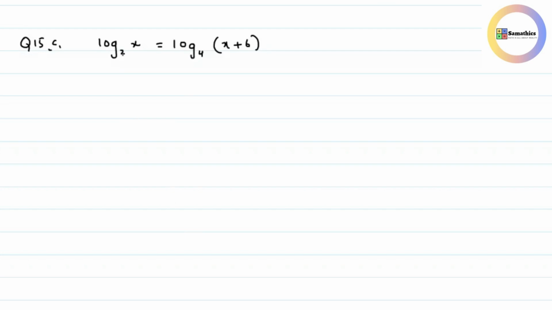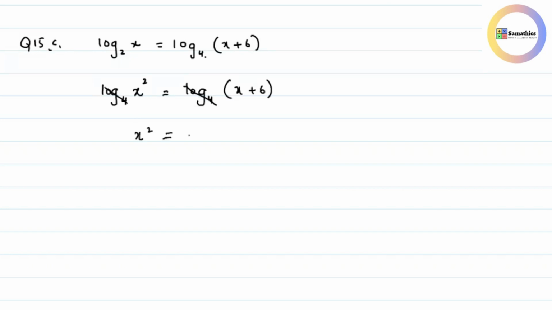We have 2 here and 4 here. If we take the square of 2, it will become 4, so then we have to take the square on this side as well. This becomes log 4 of x plus 6, and then you can cancel out both the logs and solve the equation.